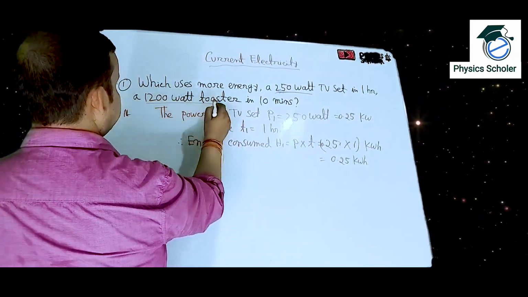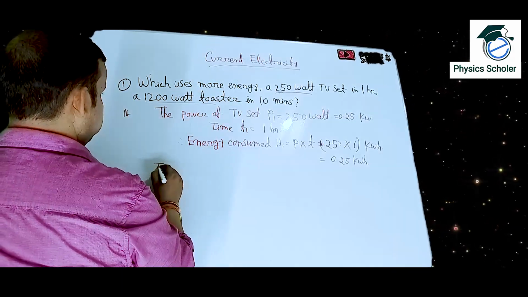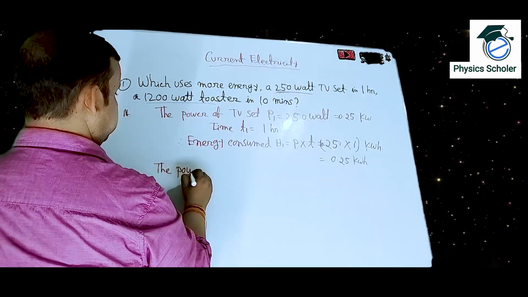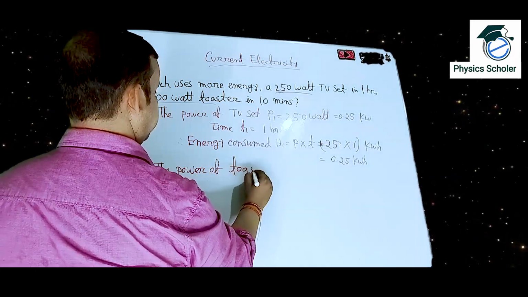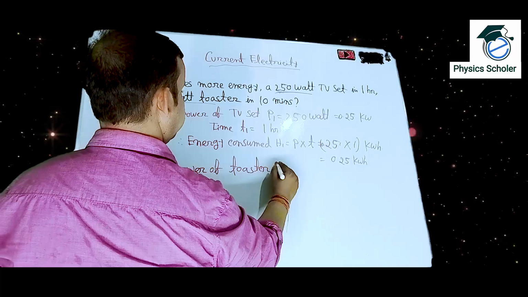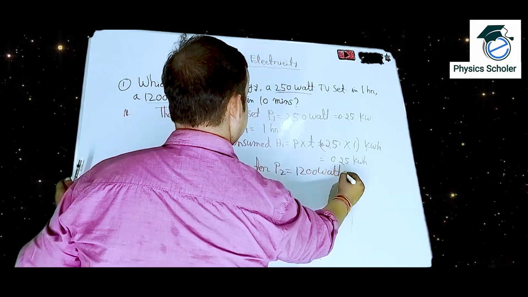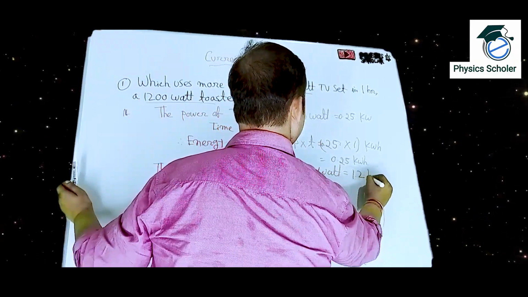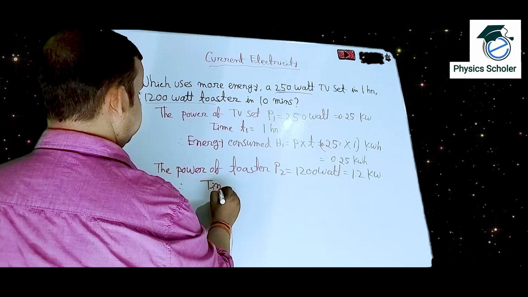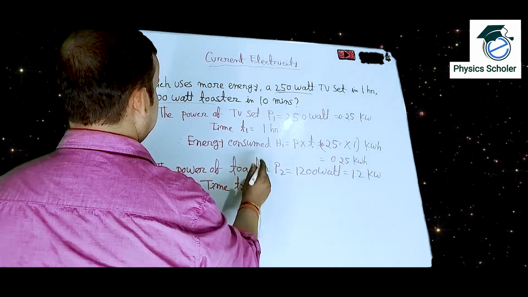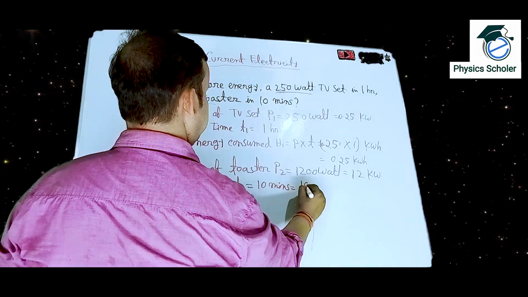Now we have to find out for the toaster in the same way. The power of toaster is given, P2 is equal to 1200 watt. We have to convert into kilowatt, 1.2 kilowatt. Time T2 is 10 minutes. We have to convert it into hours.